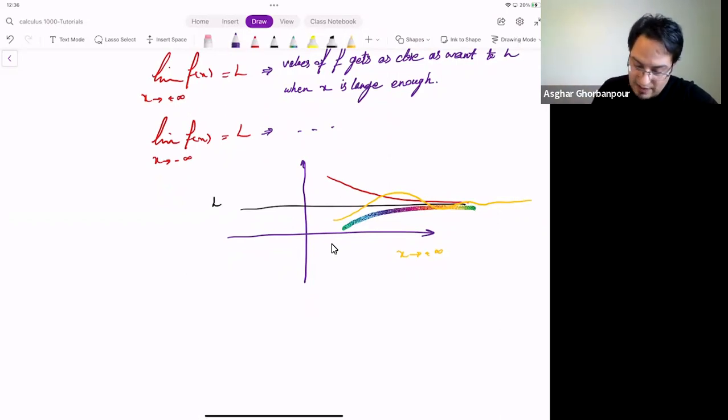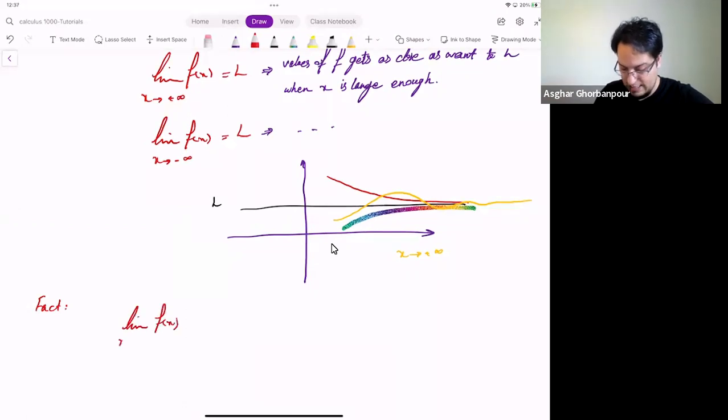Well, there is a very nice fact that tells us that this infinite limit can be turned into one of these regular limits when x approaches some number. And that is: the limit of the function as x goes to plus infinity is nothing but the limit of the function where we replace x by 1 over t and let t go to 0 plus.